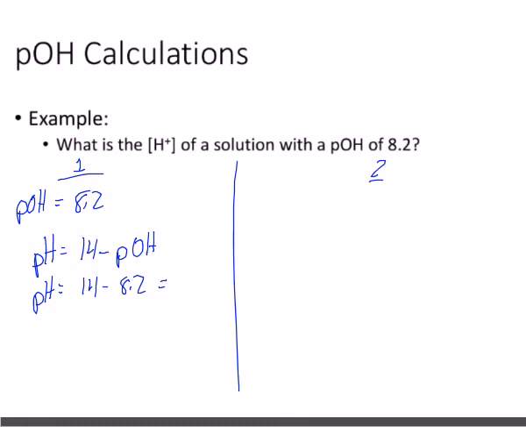When you do that, what do you get? 5.8. All right. So now I have my pH, meaning I am in hydrogen now, power of hydrogen. So to get my hydrogen ion, all I have to do is 10 to the negative pH. So that's going to be 10 to the negative 5.8.